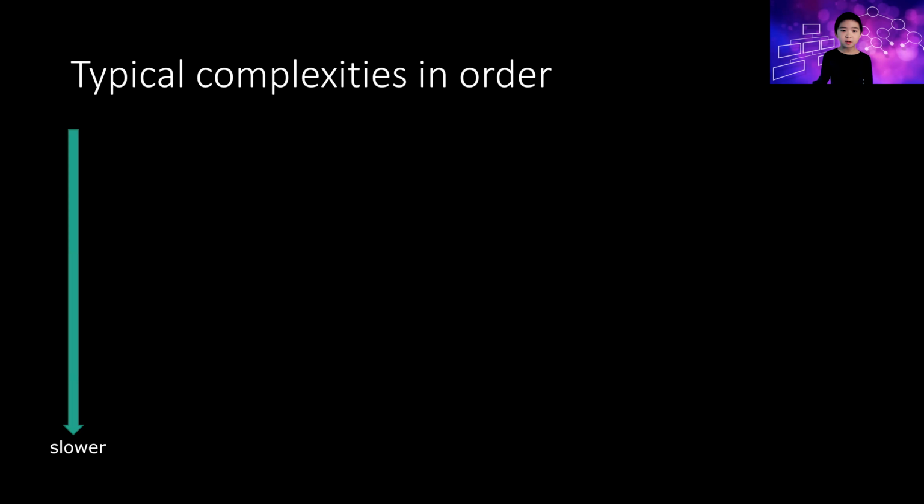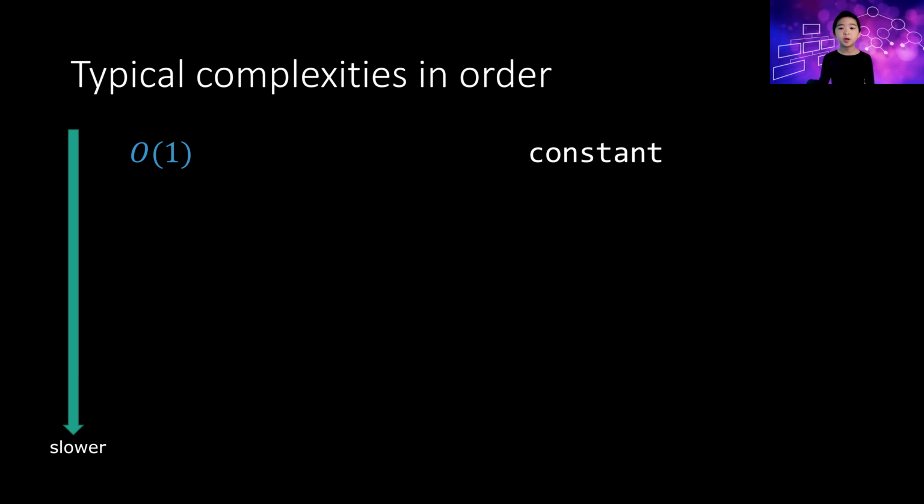In summary, we talked about some typical complexities: the constant, logarithmic, linear, quadratic, cubic, etc. It's also common to have some of those terms combined. Here's a table of typical complexities from fastest to slowest. First, there is constant time complexity, which is O(1).